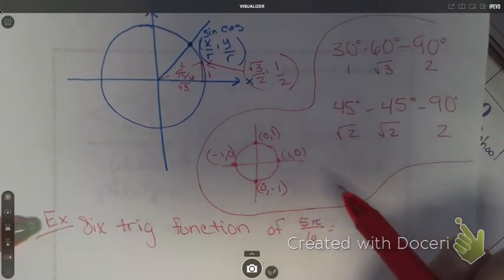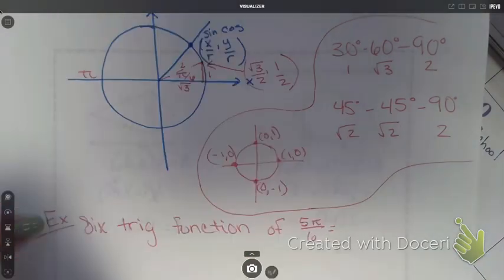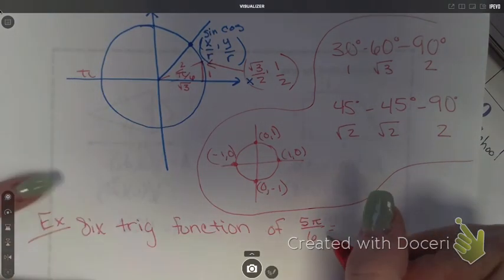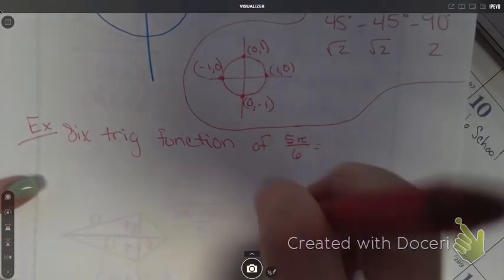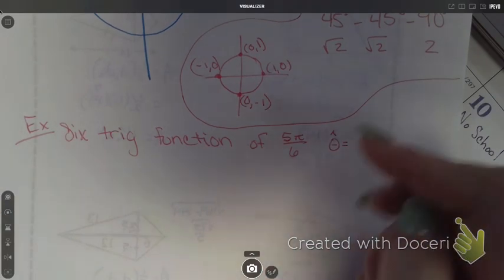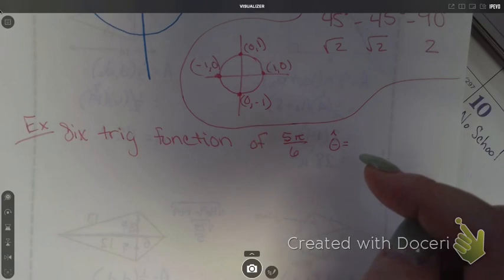5 pi over 6. What quadrant is 5 pi over 6? We'll put the circle over here. It'd be quadrant 2, because this is pi, right? So we're 1 less, correct? So what's my reference angle for 5 pi over 6? Well, 30 is right, but we're in radians. What is 30 in radians?